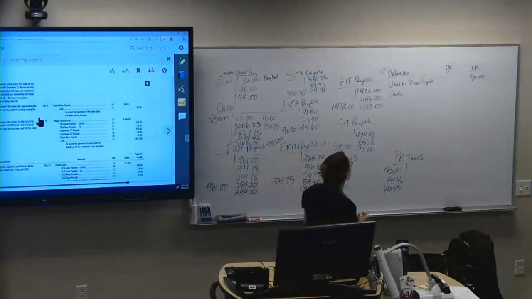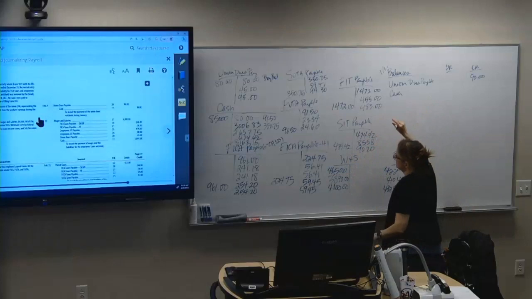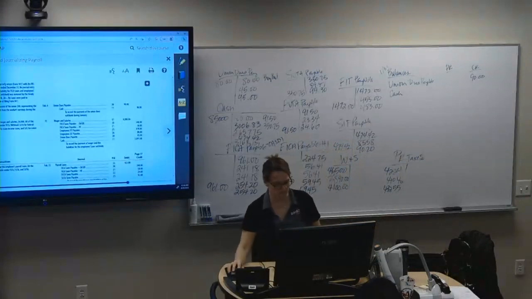All right. So this is kind of our trial balance here, although the accounts are not in order. Obviously, your assets are going to be listed first. Cash, we got to figure out what this balance is.